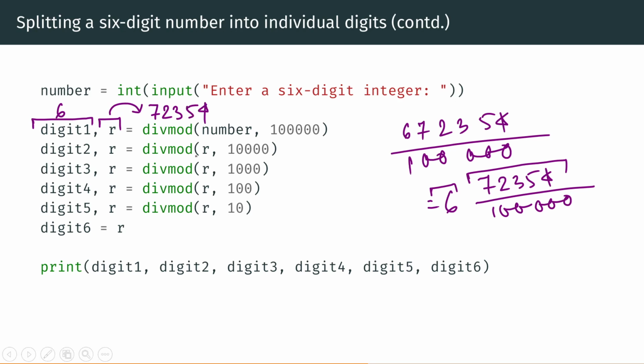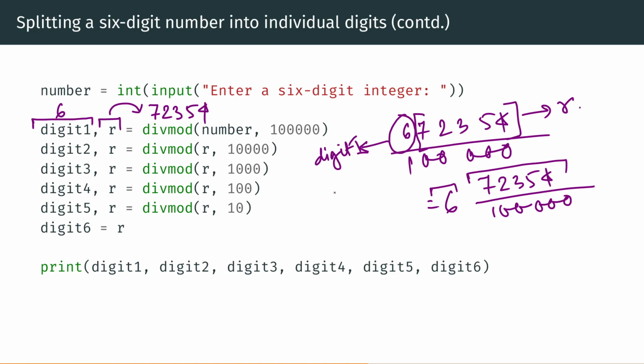So what we have done is, using this original number and the divmod, we have extracted the leftmost digit, which is 6, and stored it in the variable digit 1. We have taken the rest and stored it in the variable r, so r contains 7 2 3 5 4.